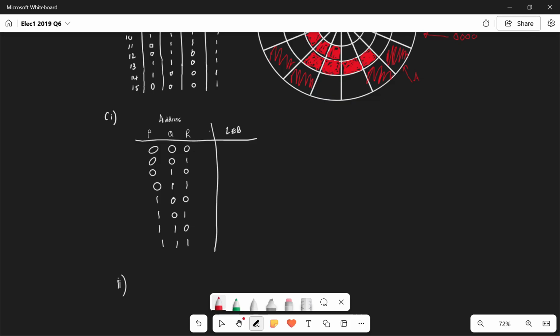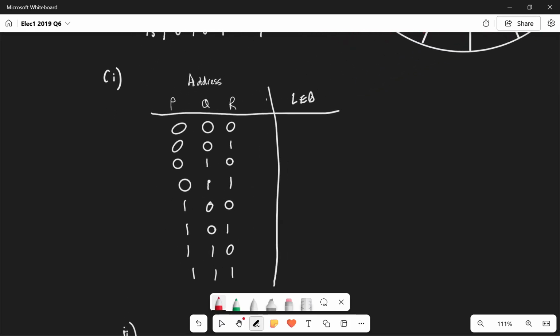Now the key to this is to remember that R is the most significant bit and it's the inner ring. And therefore, when we're reading across here, we've got to make the disk correspond to the table. So we already know that in our table that the first line, 0, 0, 0, is north.